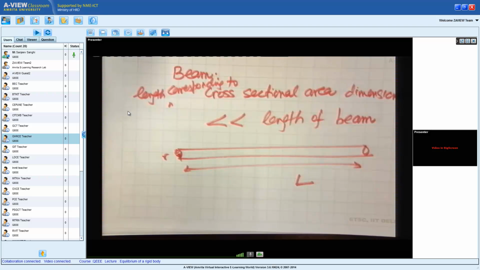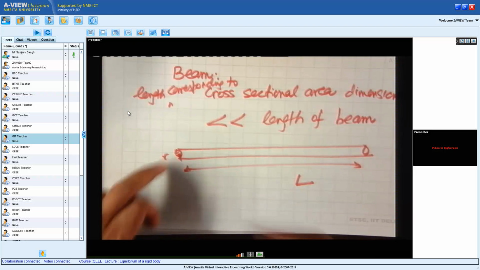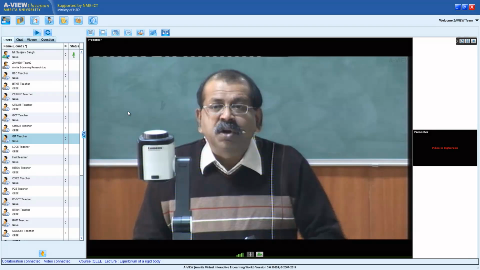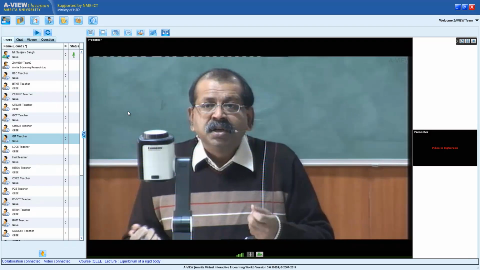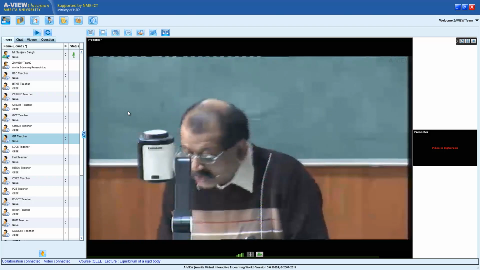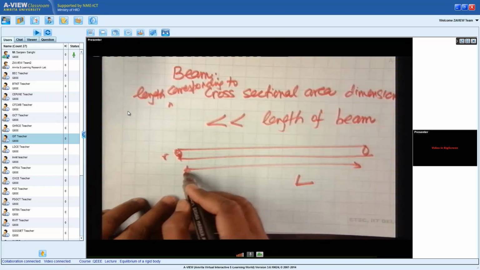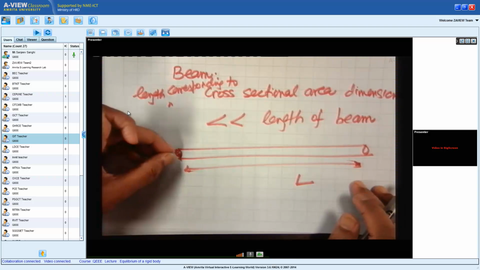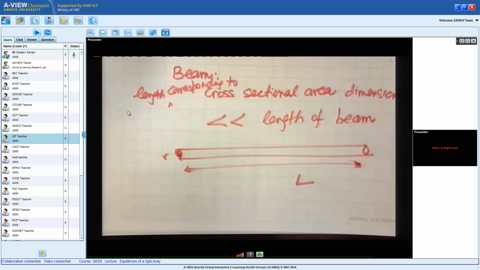So what we will call a beam would be an element where this area will have corresponding lengths. In case of a circle, there is only one length, the radius. If this is a rectangular beam, there will be two lengths, L and B, or H and B, and the length element of this structure is much bigger compared to the length elements which are coming in the area.